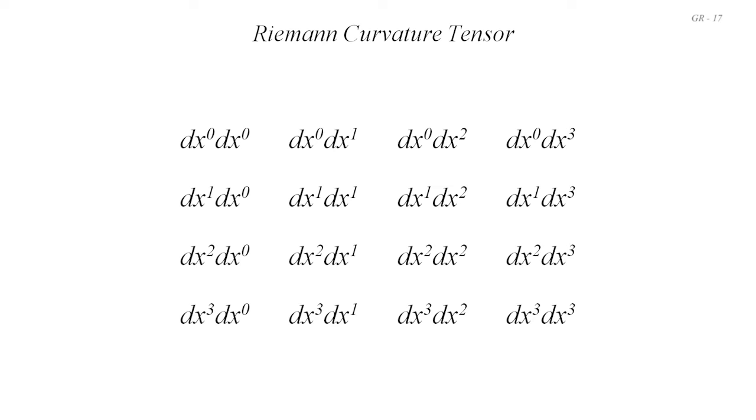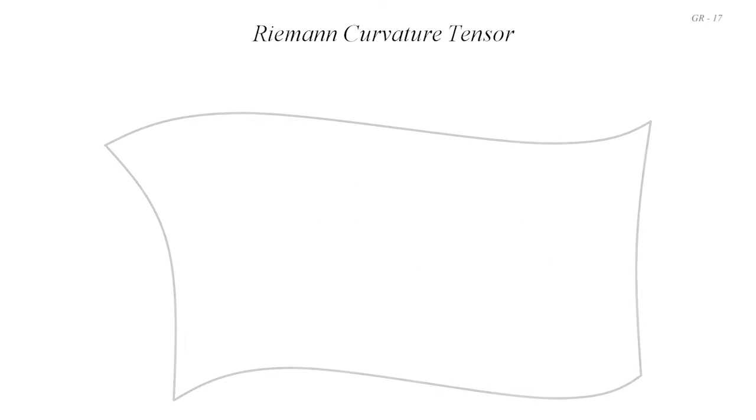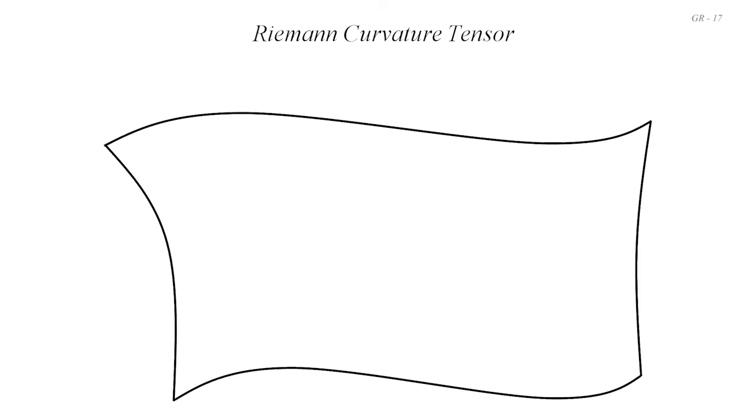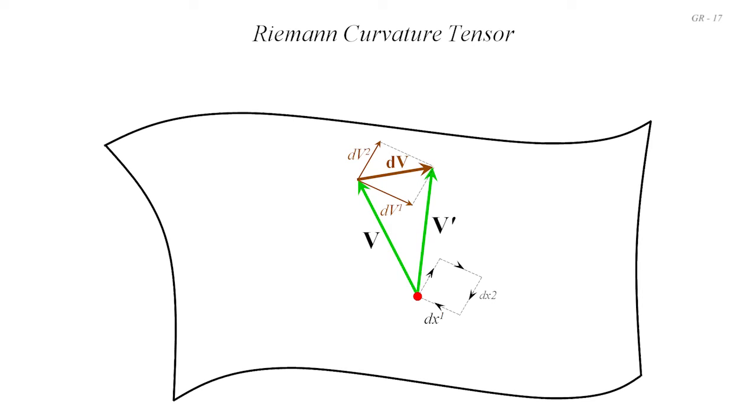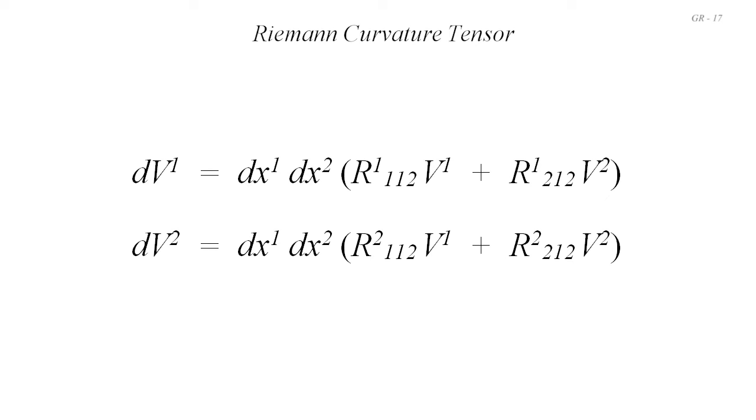But before we move on to looking at the results from all these loops, let me clarify one point. When we looked at the single plane x1, x2, the parallel transport of the vector v gave these two equations for the changes dv1 and dv2 in the components.